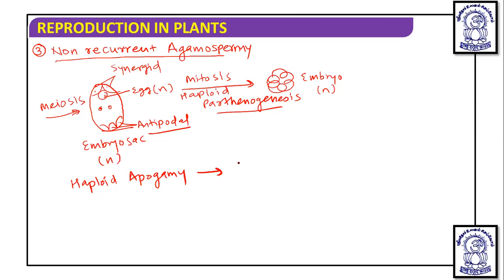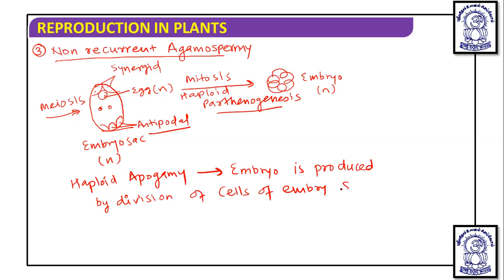The embryo is produced by division of cells of the embryo sac other than the egg cell, meaning from the cells of the antipodals or synergids.